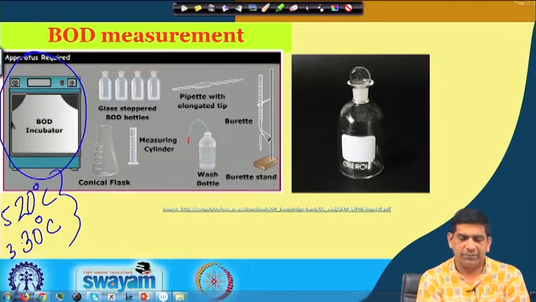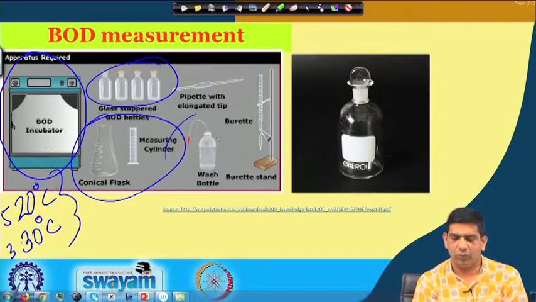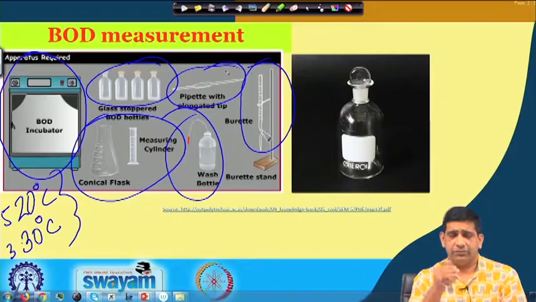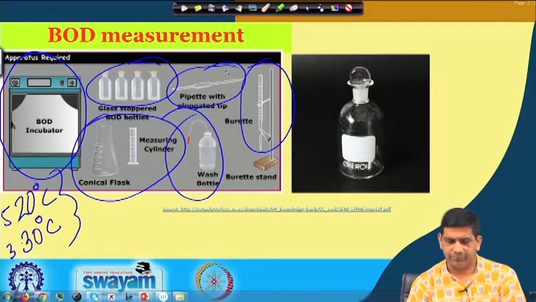And you need some BOD bottles, conical flasks, measuring cylinders, wash bottles, burettes, and pipettes, and all that for getting those exact concentrations. And this is what is known as the BOD bottle. So we need this BOD bottle.